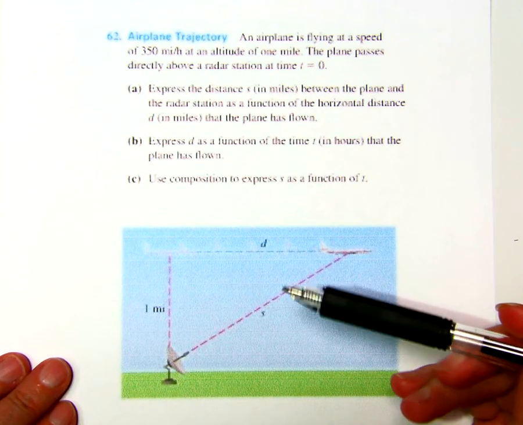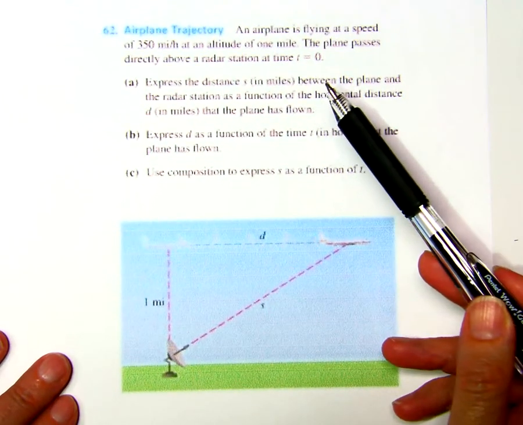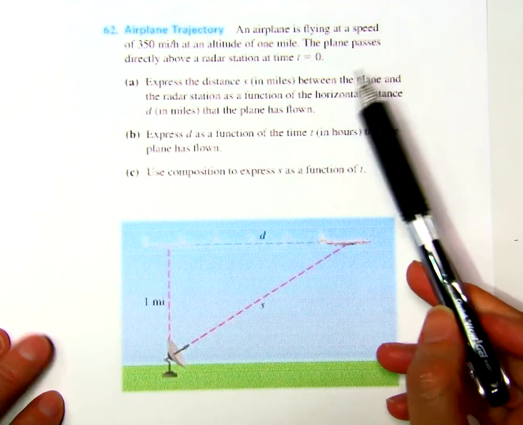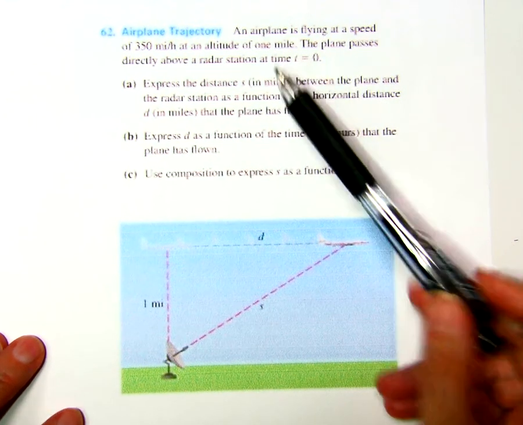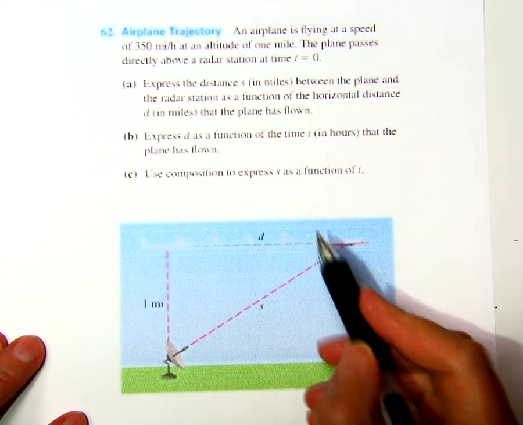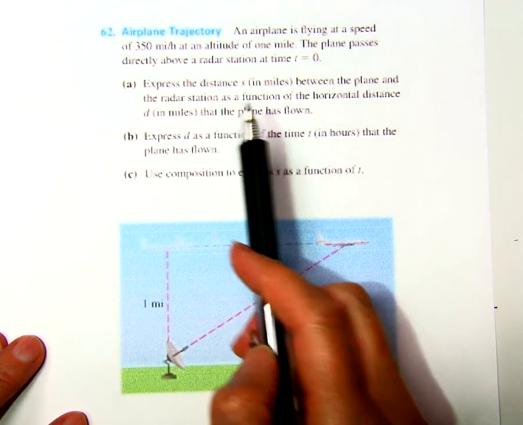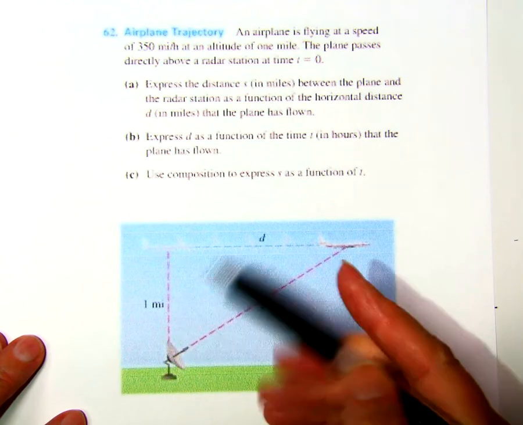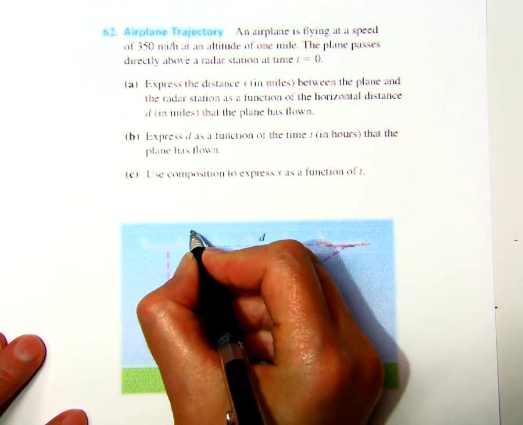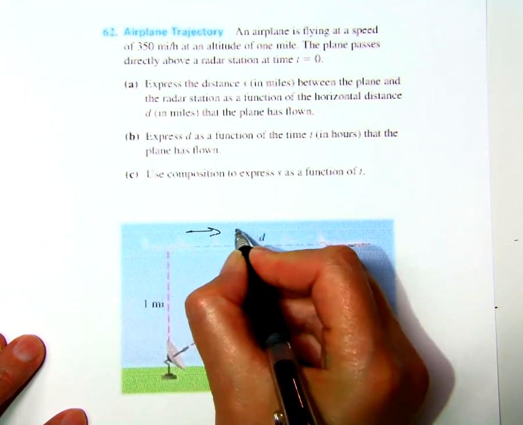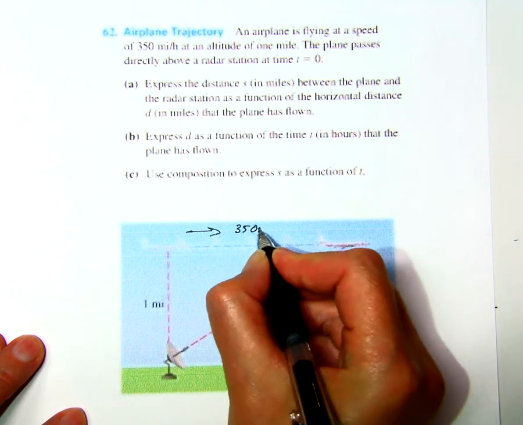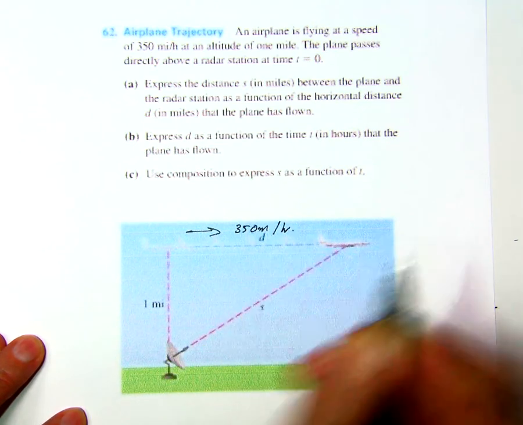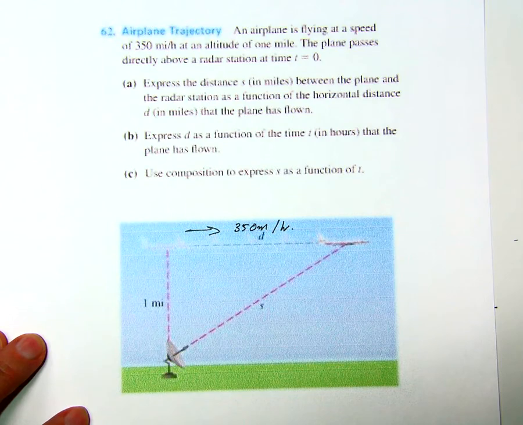Here's a second application from the book by Stewart, Redlin and Watson. Here we have an airplane which is flying at a speed of 350 miles per hour at an altitude of 1 mile. So the altitude remains at 1 mile and it travels 350 miles per hour.